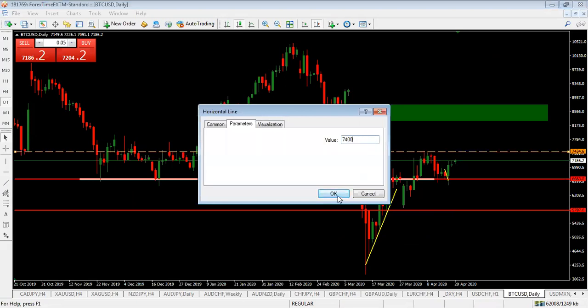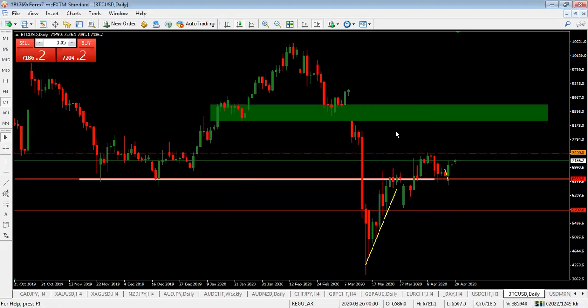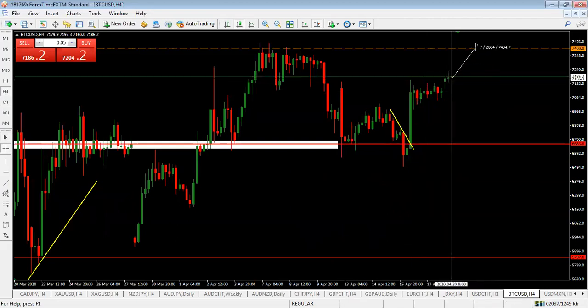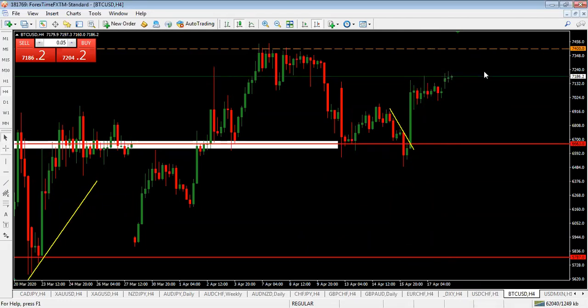So this is our target, and it is not yet attained. Price is going to attain that height. From here to our target, we have 229 pips to go. So it's a very nice place to be.